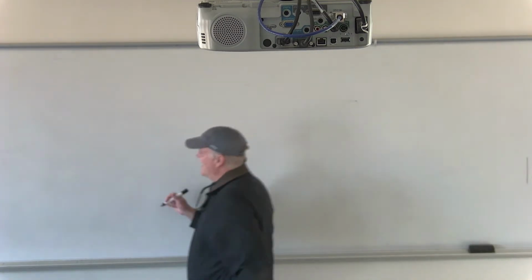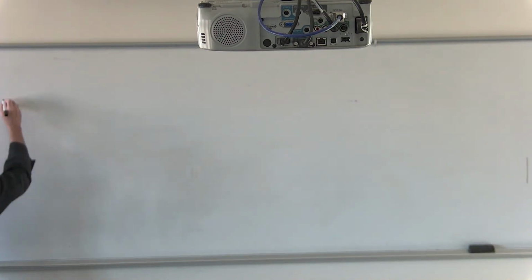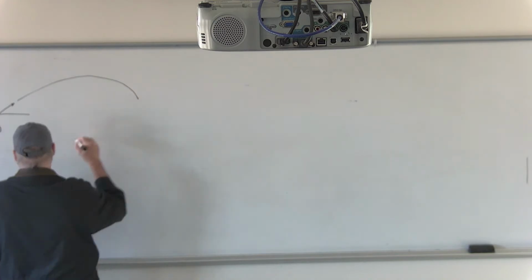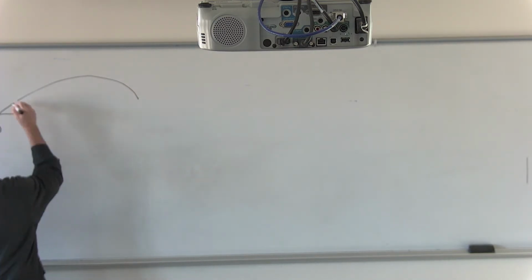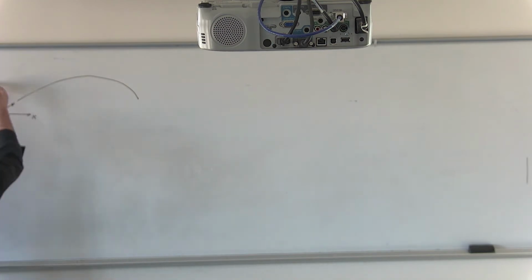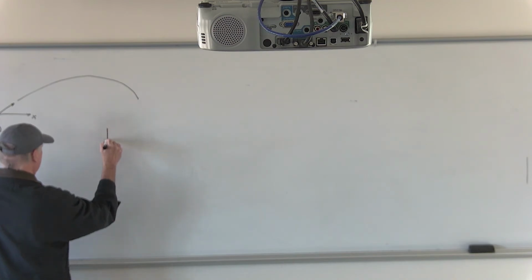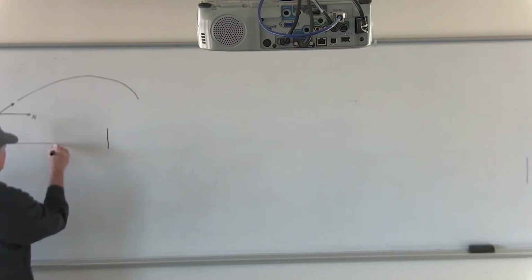So let's say you had just a simple problem where somebody is going to throw a football. Here's the dude throwing a football, and I'll put my coordinate system on it so that that's when he releases. So then we'll say he's very disoriented and he's near the sidelines.